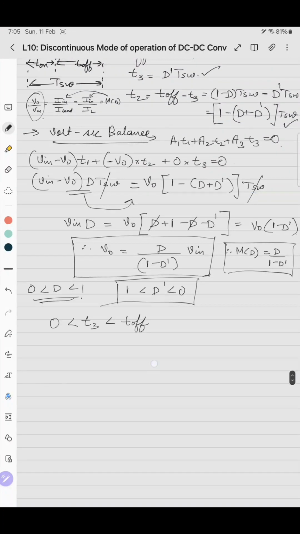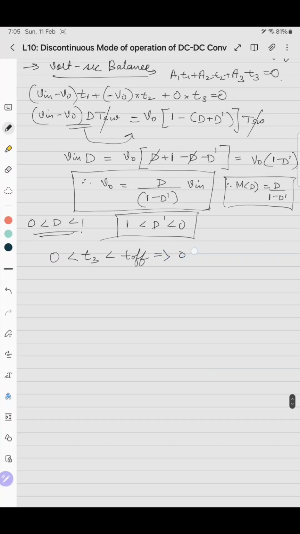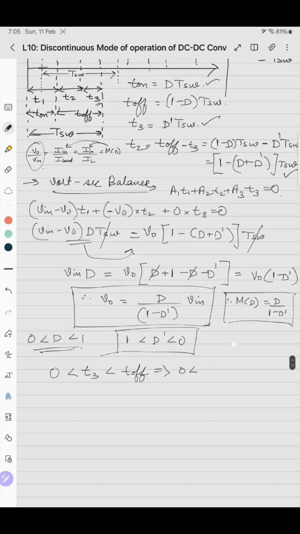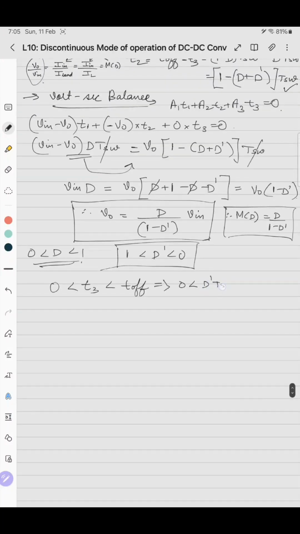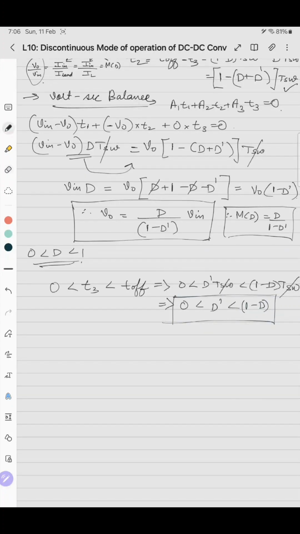If I substitute 0, T3 is what? D dash into T switching. So T off, that is 1 minus D into T switching. This gets cancelled. So it gives me 0 less than D dash is less than 1 minus D. This is the range of variation of the D dash.